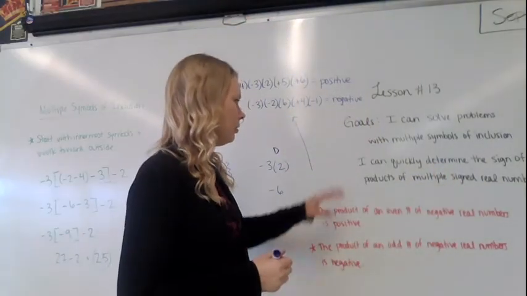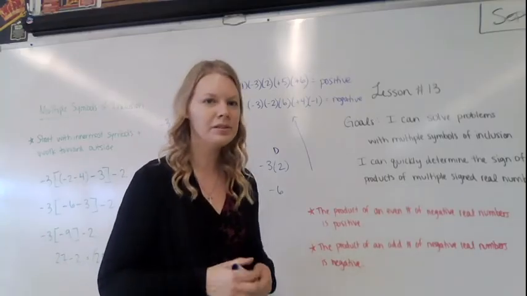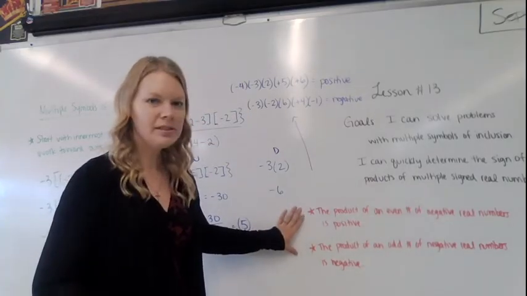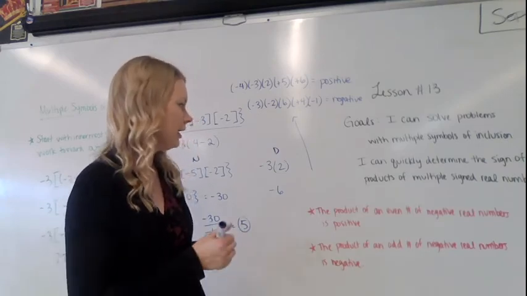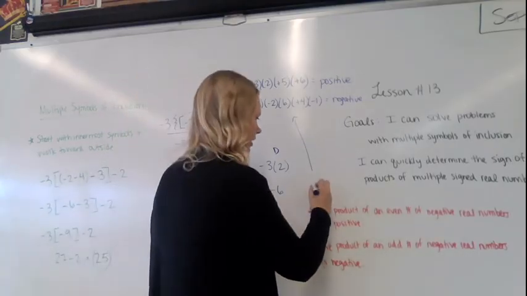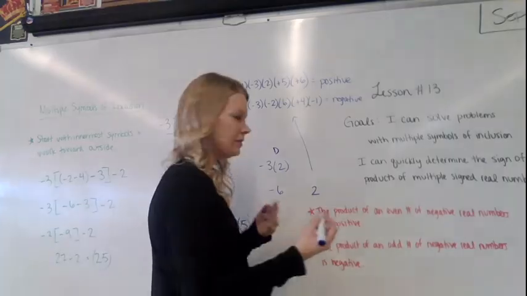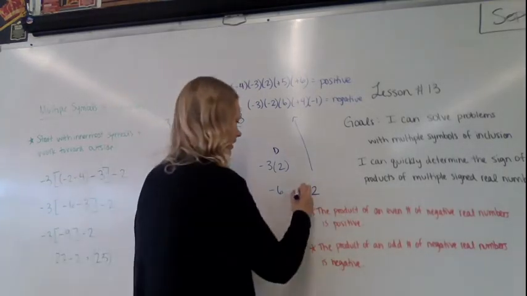Then for our second goal, to be able to quickly determine the sign of products of multiple signed real numbers, it is extremely similar to what we've done in a past lesson in which we had just multiple negative signs, right? So we could have 2, which of course is positive 2. -2 is, of course, -2.